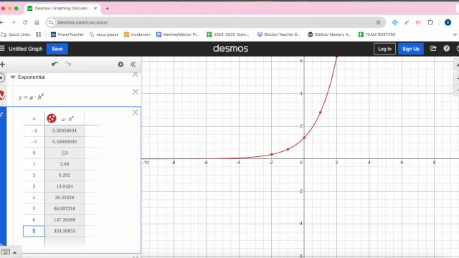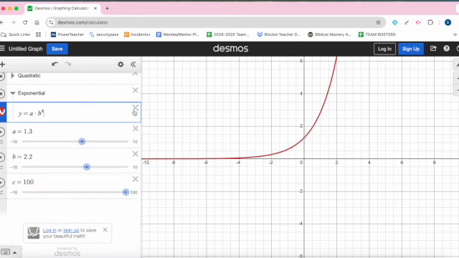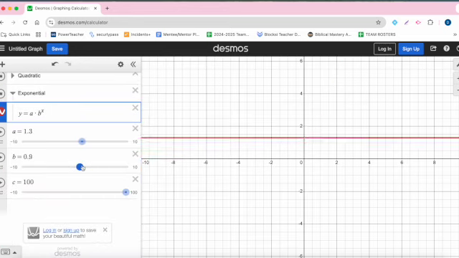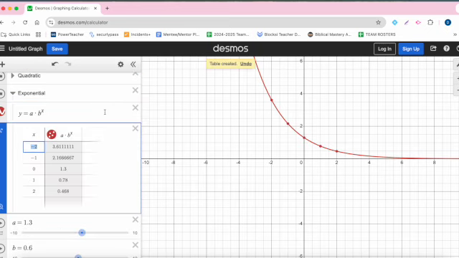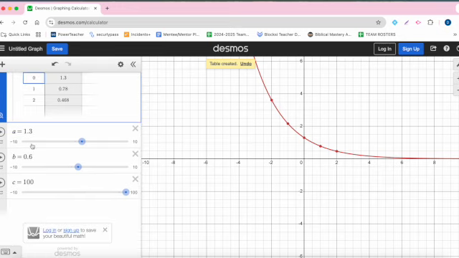Goes up by just a little over 1, then it goes up by almost 4, and then a little bit over 7. And now it's going up, by the end here, by 200 at a time. So it grows slowly and then quickly. Whereas exponential decay, if we bring this down to, let's say, 0.6, you're going to see exactly the opposite. It's going to start big. Let's start even bigger, actually.